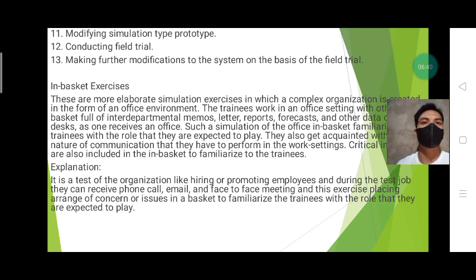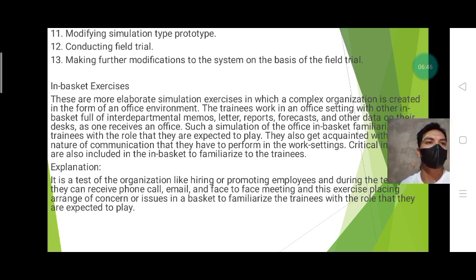Next is the in-basket exercise. These are more elaborate simulation exercises in which a complex organization is created in the form of an office environment. The trainees work in an office setting with an in-basket full of interdepartmental memos, letters, reports, forecasts, and other data on their desks.